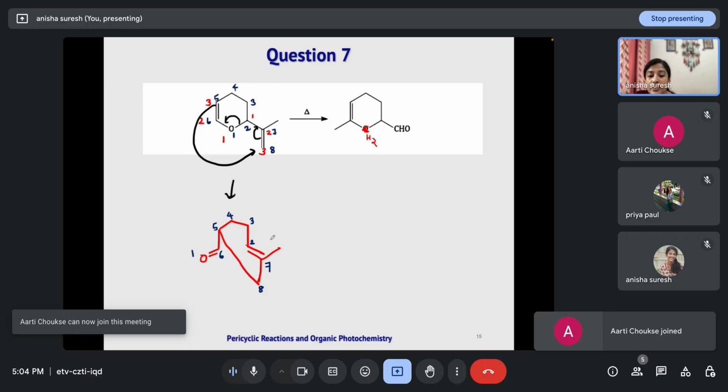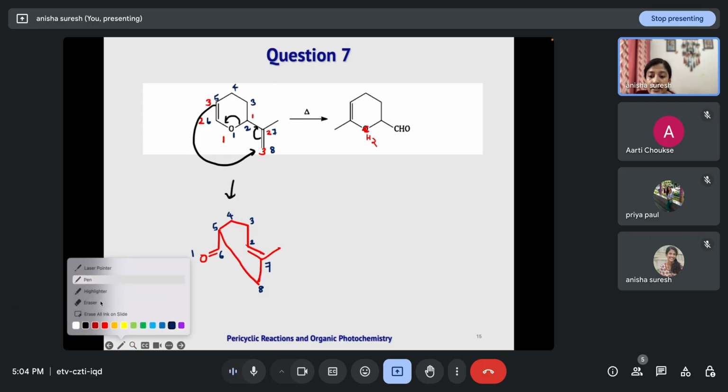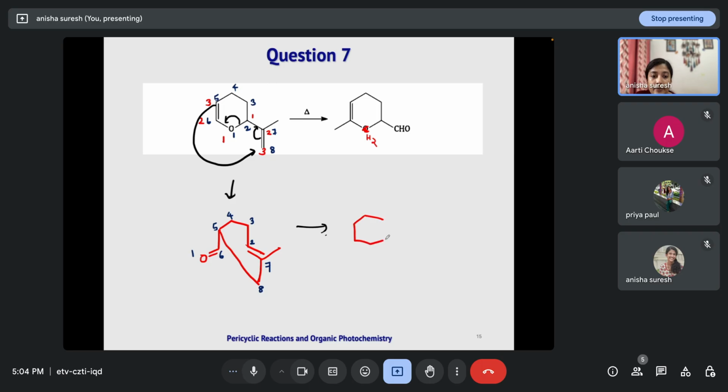Okay, so this is the product that you will get, and if you redraw it, it will be like this: CHO double bond.